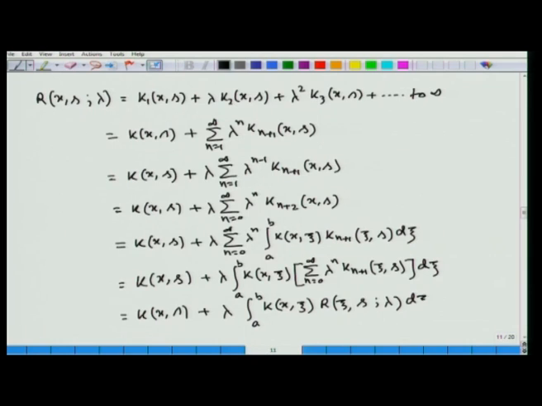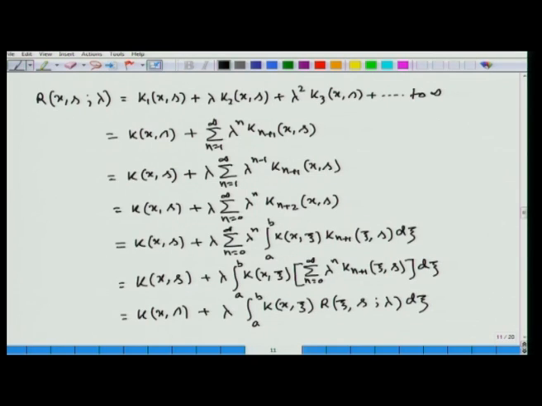So, if you look at the final expression, we have obtained R(x, s; lambda) is equal to K(x, s) plus lambda integral a to b K(x, xi) R(xi, s; lambda) d xi.